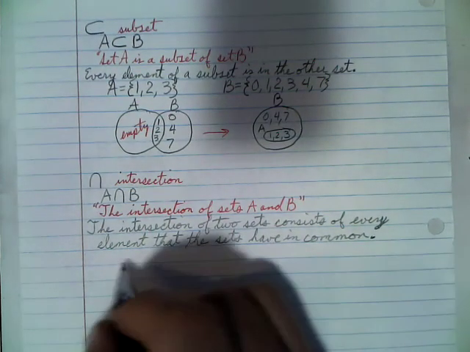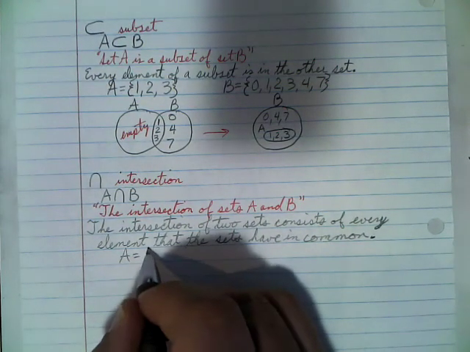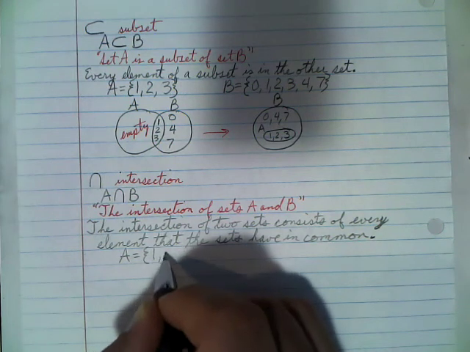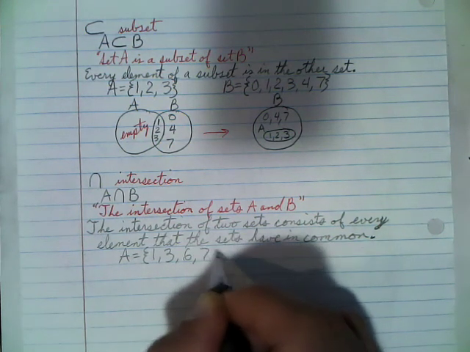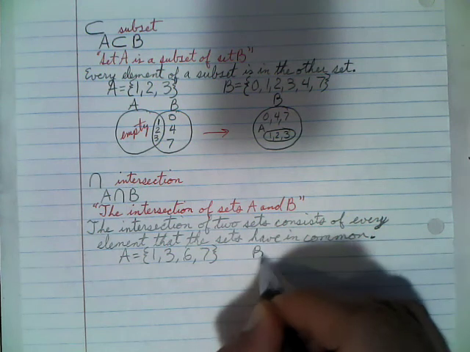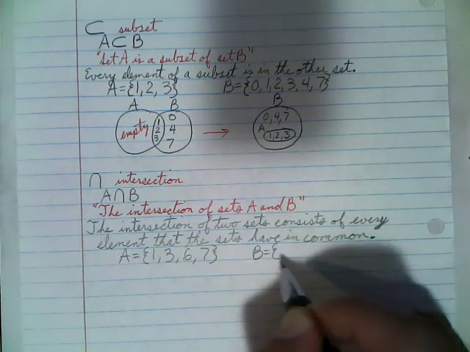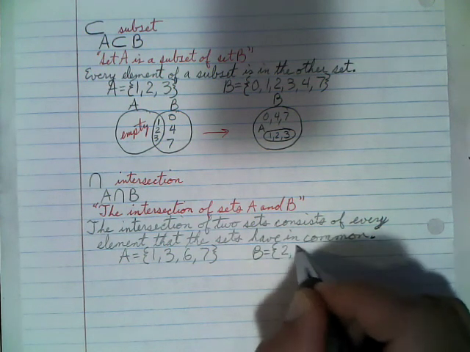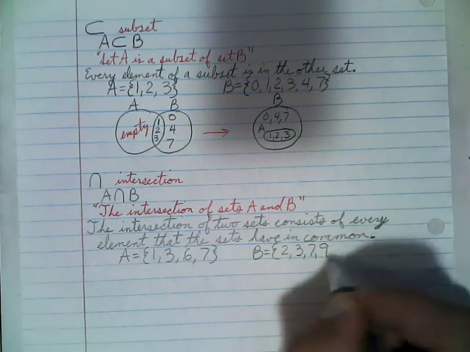So in this case, we're going to define A as 1, 3, 6, 7. And we'll define B as 2, 3, 7, and 9.